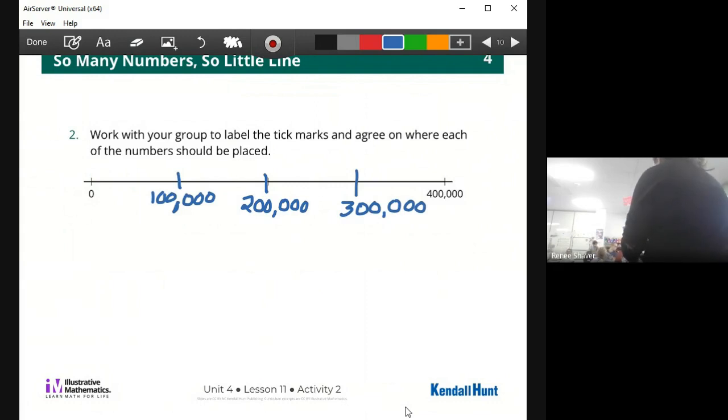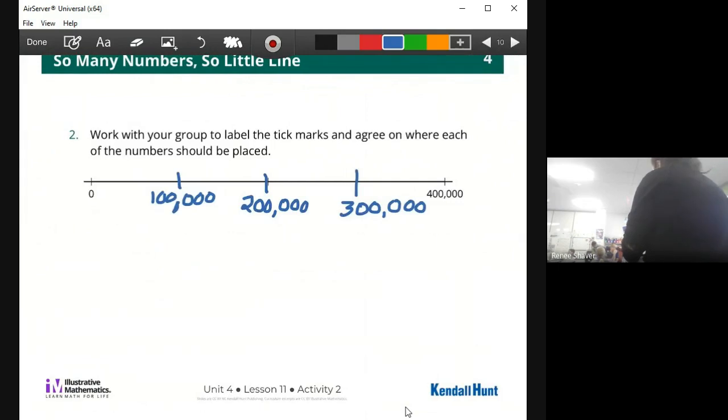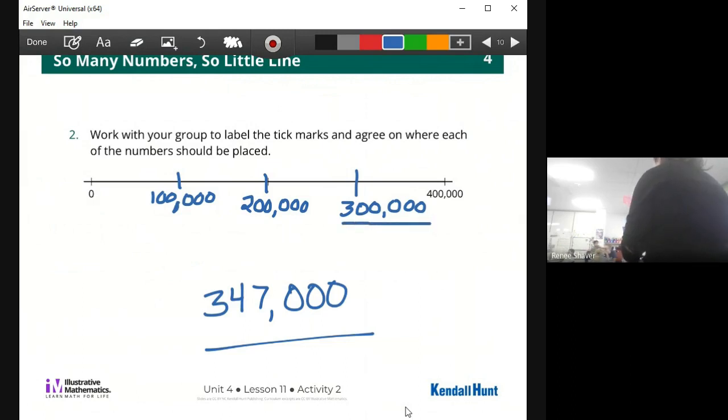Then you have to decide where to put each of these numbers. I think the easiest is 347,000. I'm going to start there. Well, I know this number is greater than 300,000 and less than 400,000, right?